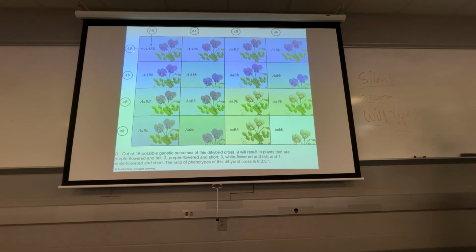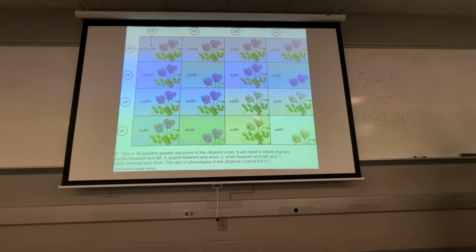Now they don't all have to be homozygous or heterozygous, right? They at least have to have 1 copy of the dominant trait. Then you get 3 in the dark green and 3 in the light yellowish green, I guess. Am I saying that color right? And then 1 pure homozygous recessive for both characters.